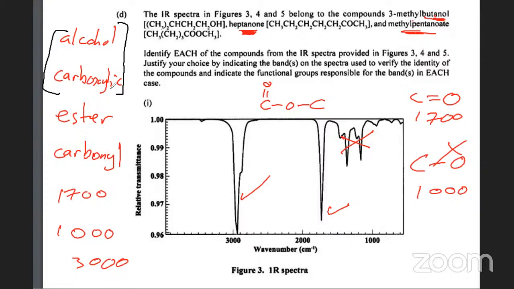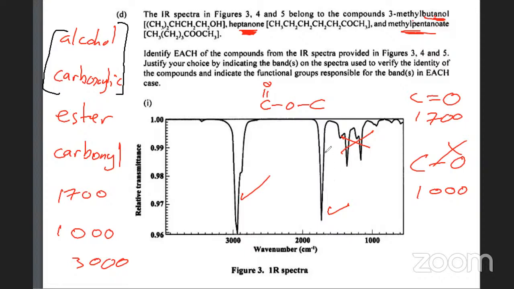Now remember, an ester has C single bond O, and we said clearly that peak is not there, so this cannot be an ester. There's no OH group and no C single bond O. That leaves you with a carbonyl group, whether aldehyde or ketone. In this instance, they gave you the name of a ketone, so that tells you that it is a ketone.